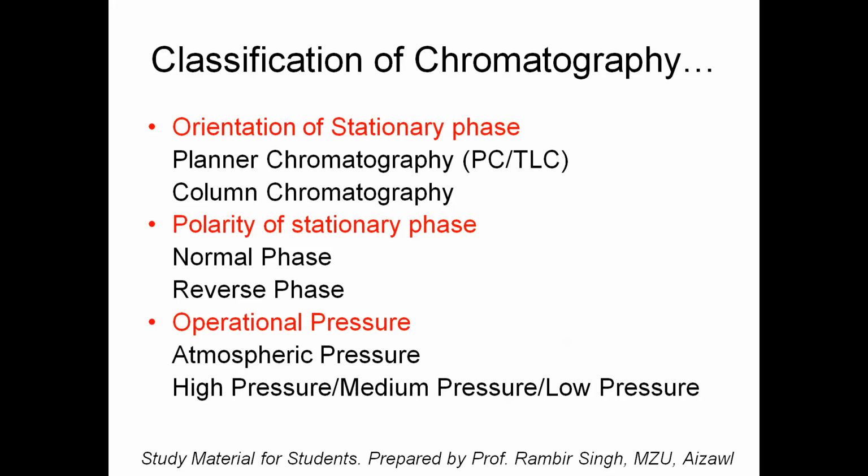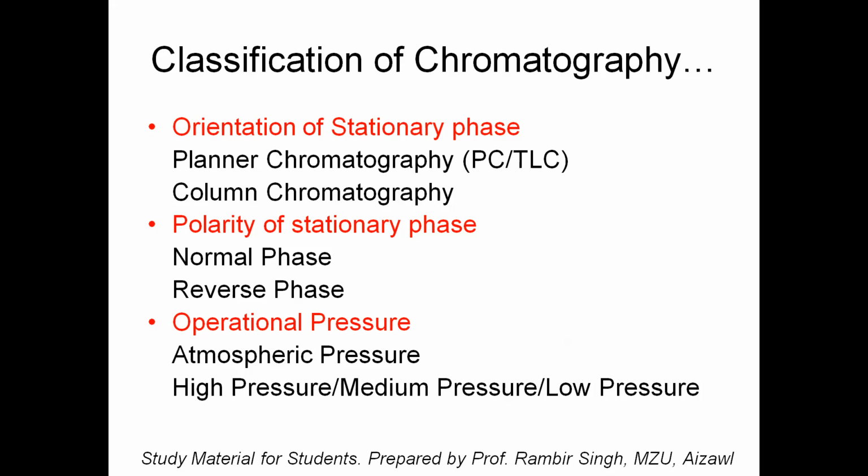In normal phase chromatography, the stationary phase is polar in nature, and we start with a non-polar mobile phase and gradually increase its polarity.